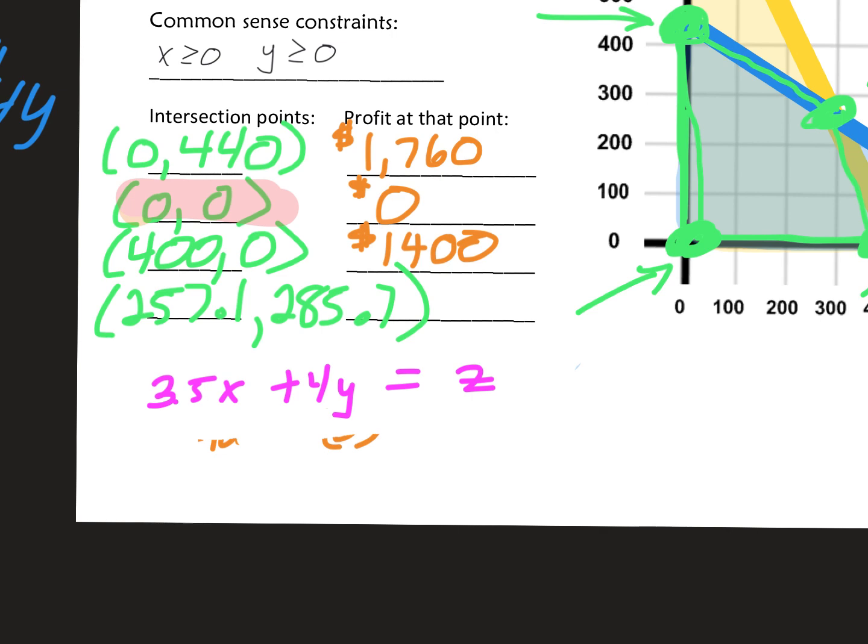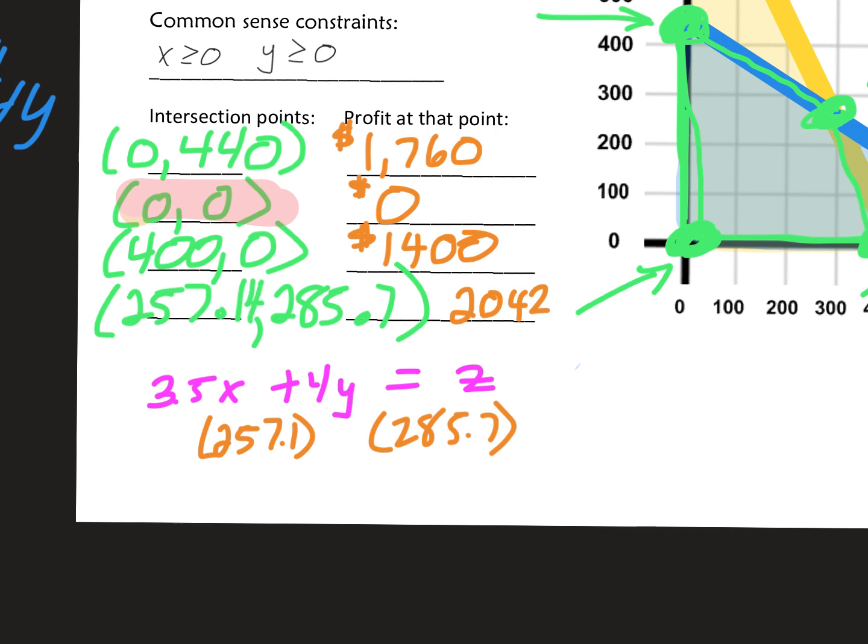Last but not least, if I put in 257.1 for X, 285.7 for Y, that is going to get us around 2,042. Oh, you know what? I just realized I should not have.